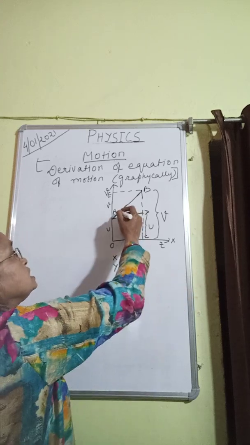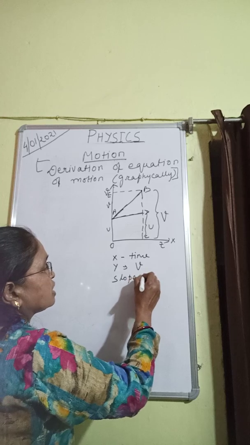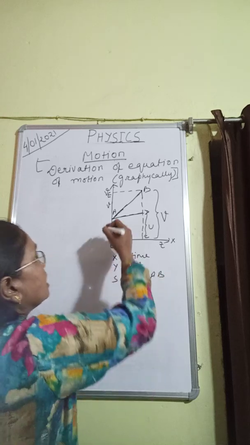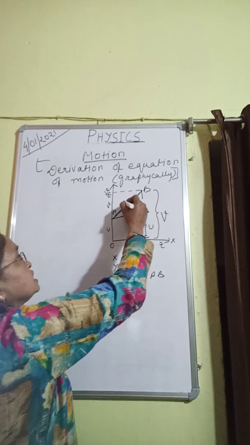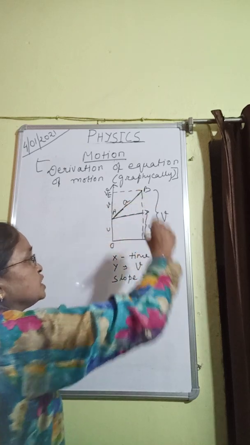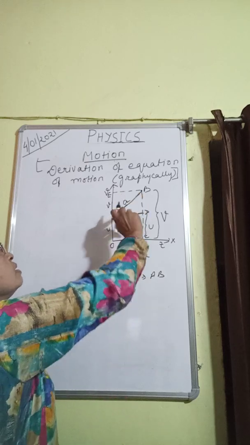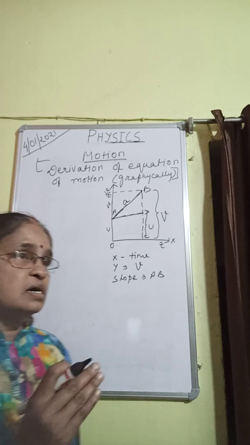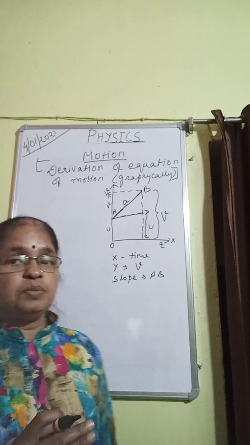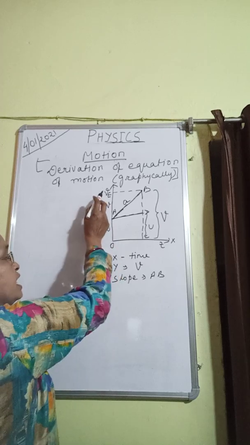Its slope is AB. And the slope of the velocity-time graph is nothing but acceleration. So for this slope AB, we have to find out the relation with the x-axis as well as the y-axis.